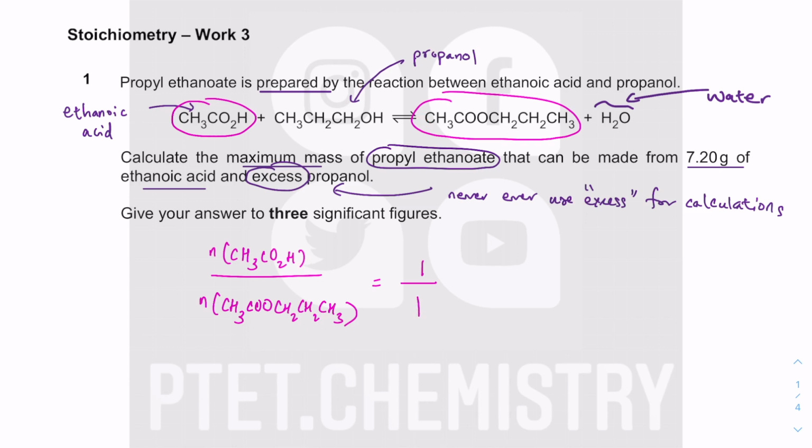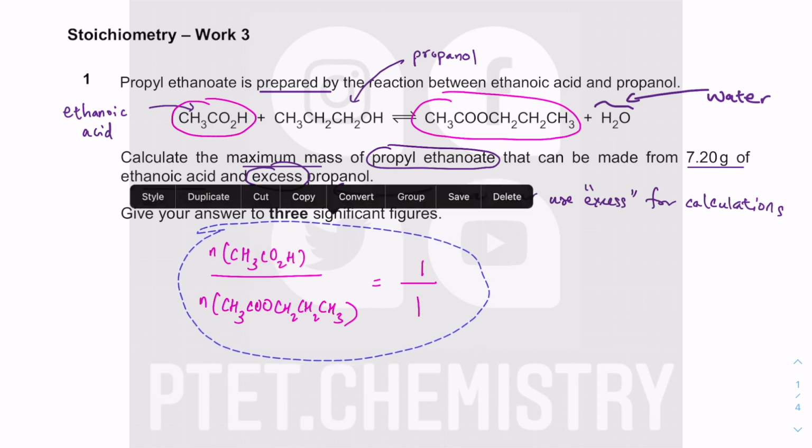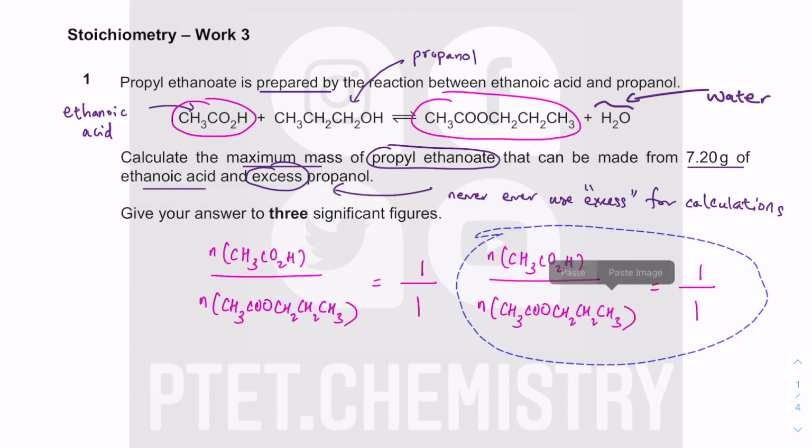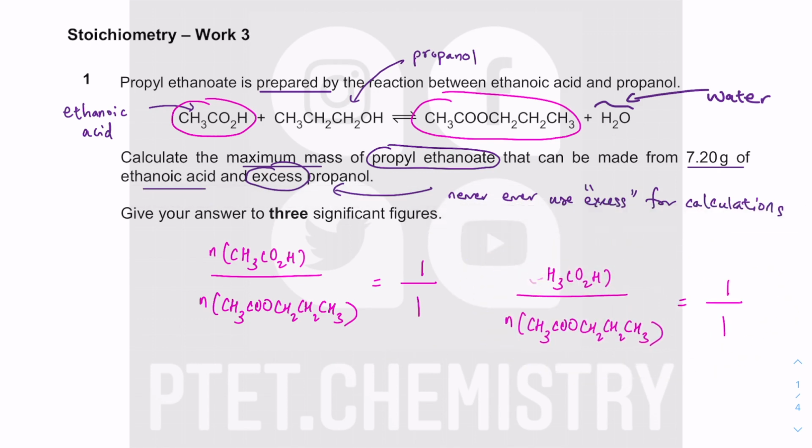Does it matter which way around it is? It does not matter, because if I had gotten them the other way around, you would still get the exact same thing. Not really the exact same thing.